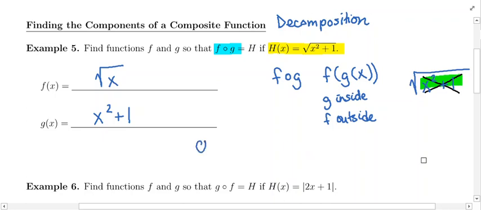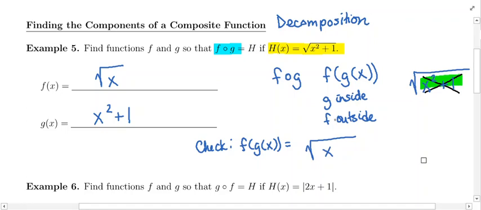The great thing is you can check yourself. If we do f of g of x, we're going to plug g of x into f of x, so let's make sure we get h of x. I'm going to write down the outside function, which is the square root of x.